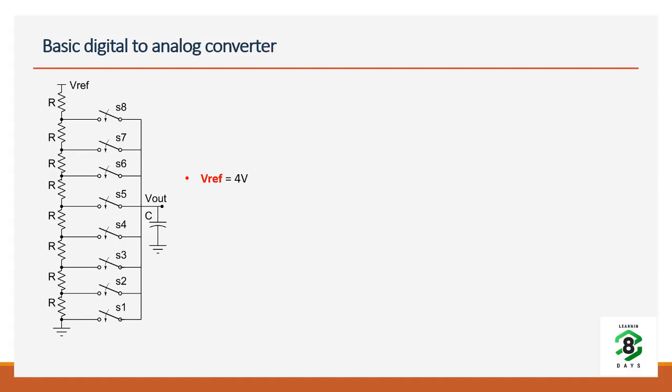So if you want to generate a 10 volt signal or a 20 volt sine wave, plus minus 10 volt sine wave, you have to take a reference which is 20 volt, because plus minus 10 volt you are taking. You have to select a voltage reference which is more than this, then only you can construct a sine wave, otherwise not.